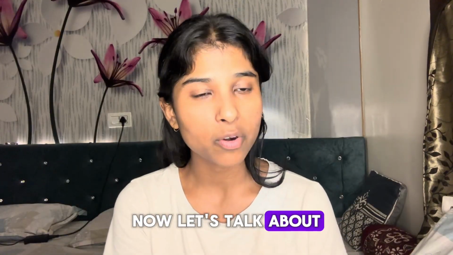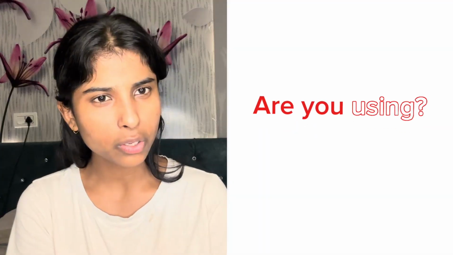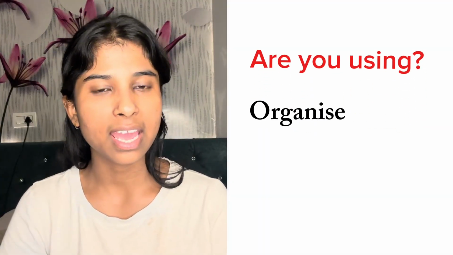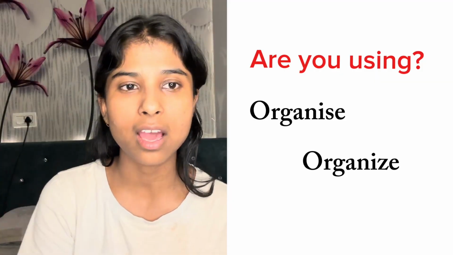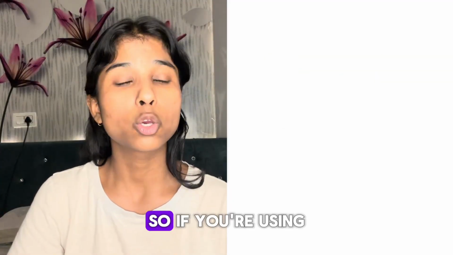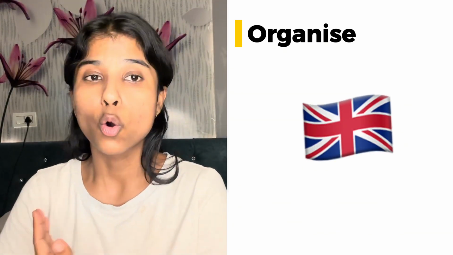Now let's talk about another spelling. Are you using O-R-G-A-N-I-S-E or are you using O-R-G-A-N-I-Z-E? So if you're using organise with an S-E, that's British English. However, if you're using it with a Z, that's American, organize.